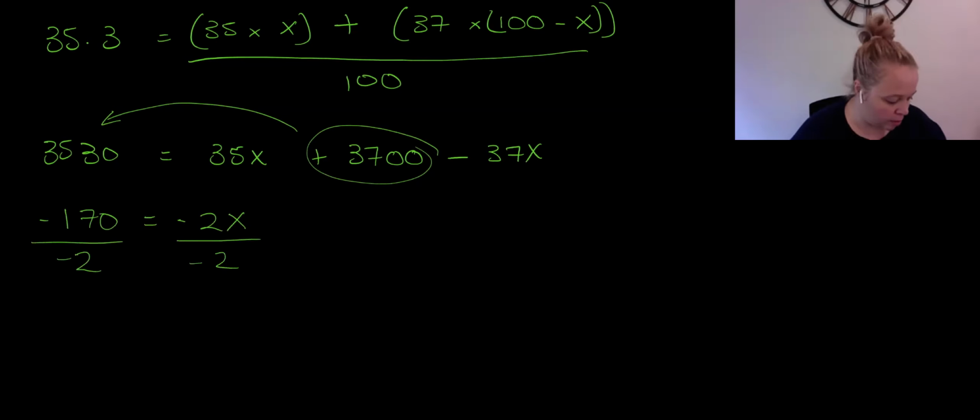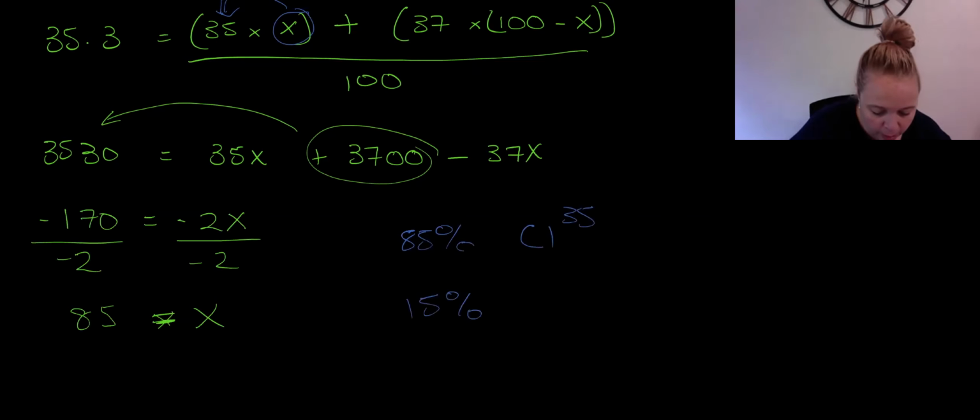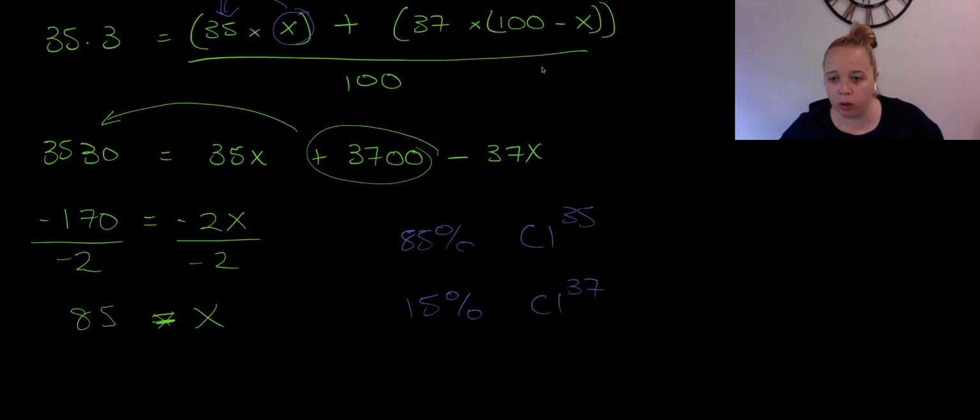I'm just going to use my calculator so I don't make a mistake here. 85 equals X. So therefore we said that the X was related to the 35. So 85% was chlorine 35. And then 100 minus 85 is 15%, which must be chlorine 37. That's the end of some of the more complicated questions.